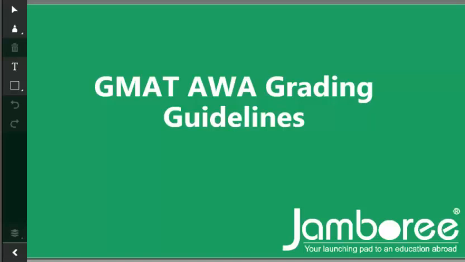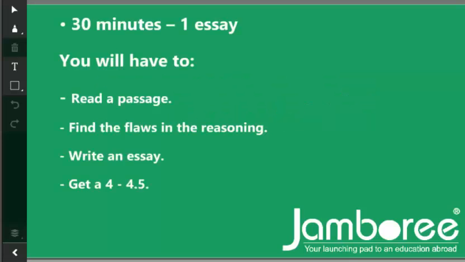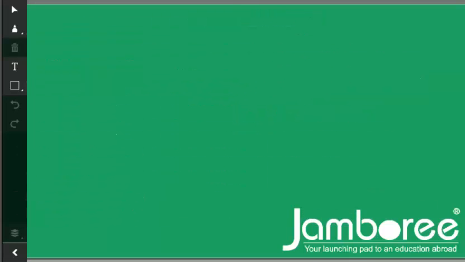I may like your essay, but somebody may not. So there may be subjectivity to it. GMAC does not want that subjectivity to have an impact on your score. That's why they have clear guidelines, a clear rubric on how to score the AWA essay. So I just want to discuss that rubric.